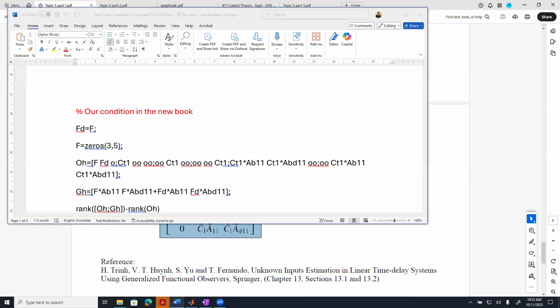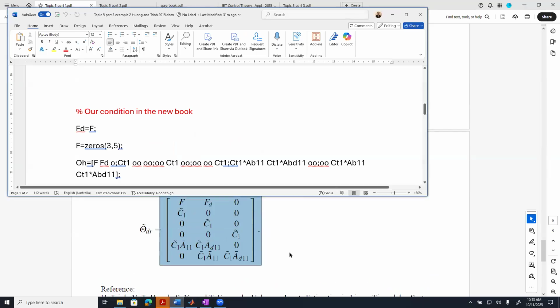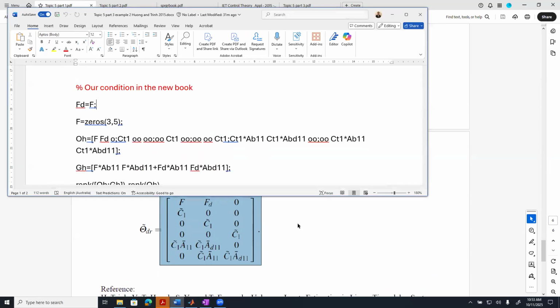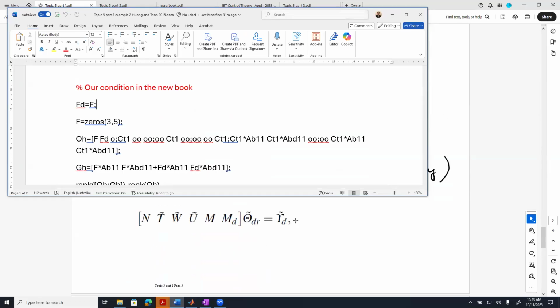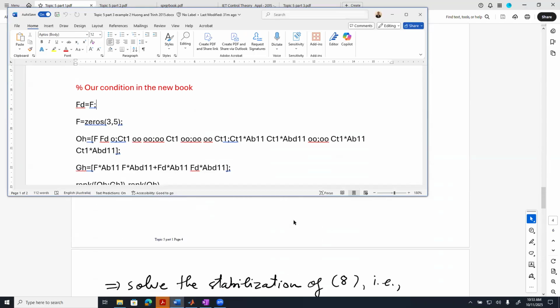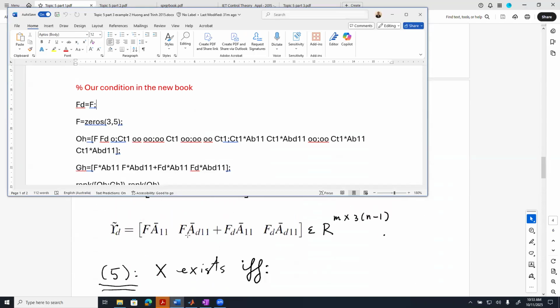So let's have a look at that. We have OH is F, FD, 0, and C tilde 1, 0, 0, and all of that. And then the other matrix we call GH is basically this matrix here, the one with F times I bar 1 and so on.